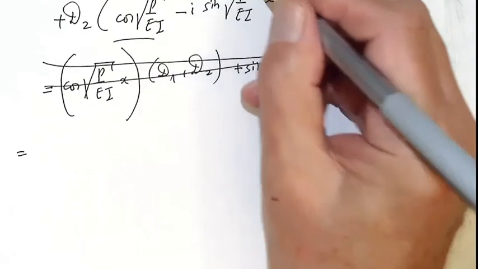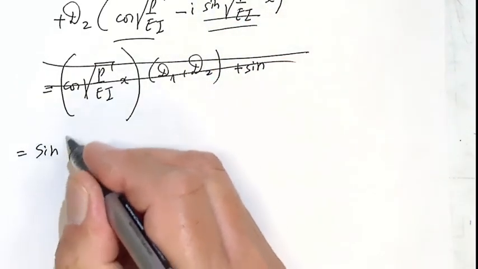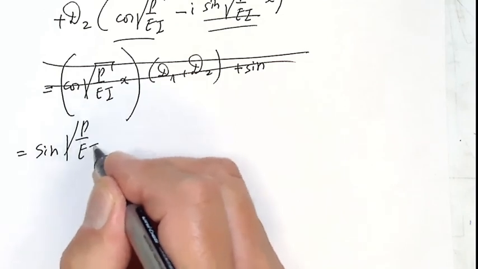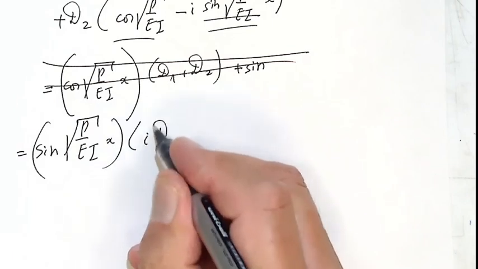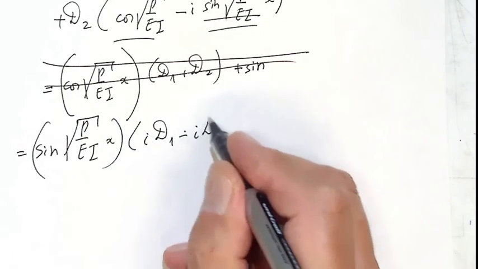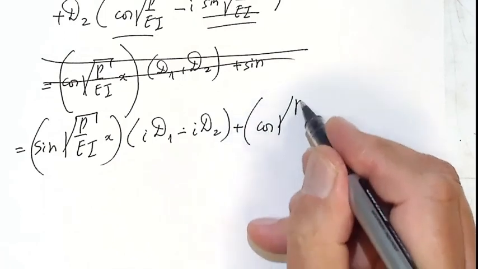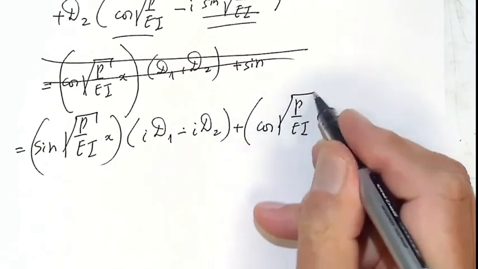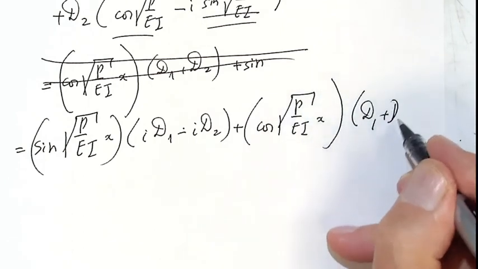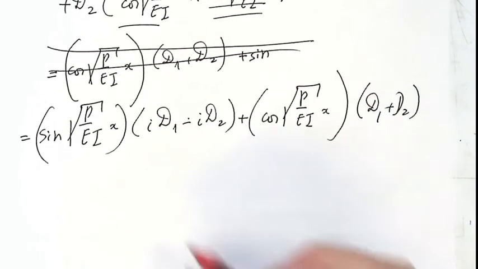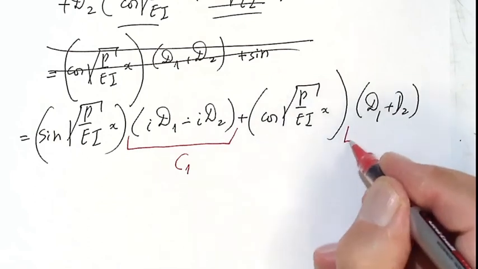We take first the sine and sine here: sine of square root of p over EI x times (i d1 minus i d2), plus cosine of square root of p over EI x times (d1 plus d2). This I'm calling c1, and this I'm calling c2.